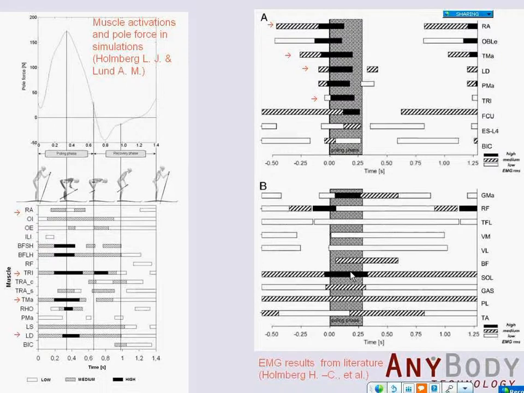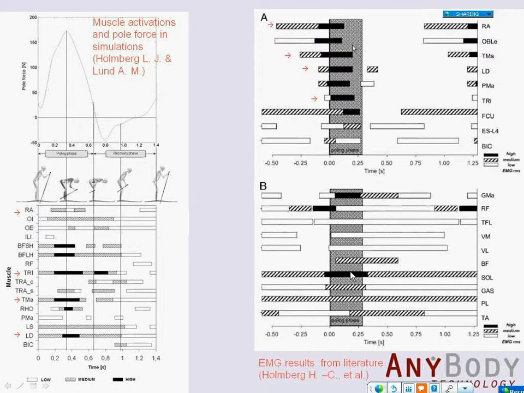Now, if we go ahead and compare the muscle activation, generally we have the largest total activation around peak pole force in both the ergometer simulation study, my study, and the roller ski study from the literature. And as you can see here, the black parts are with high muscle activation, and we have the pulling phase here for the roller ski study.